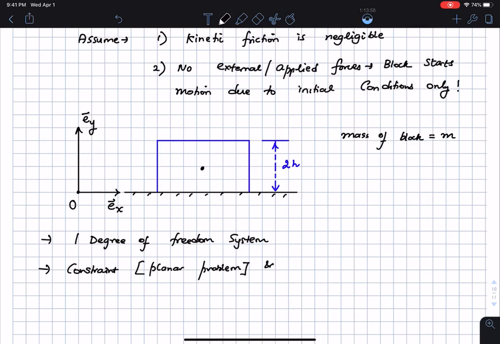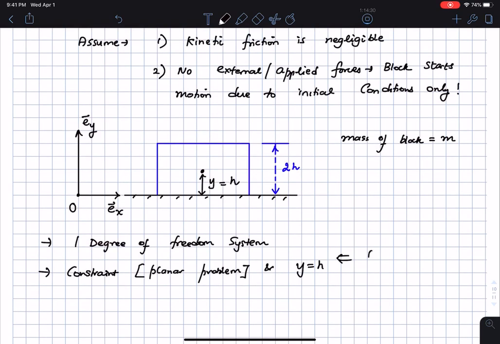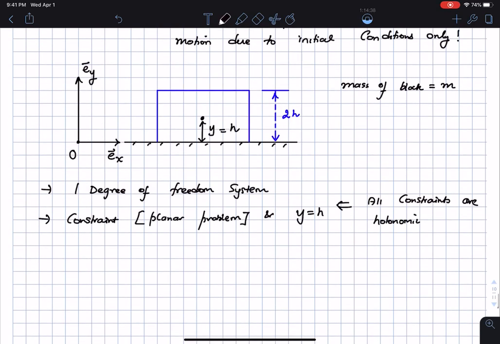So if instead of calling it ex and ey, I call that a little x and little y, then y is a constant, y is equal to h, which means that the system is holonomic. These are all holonomic constraints, so all constraints are holonomic, which means the system is a holonomic system.